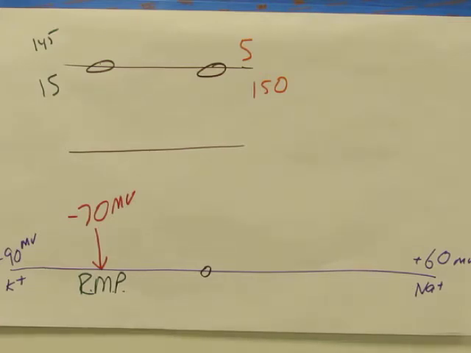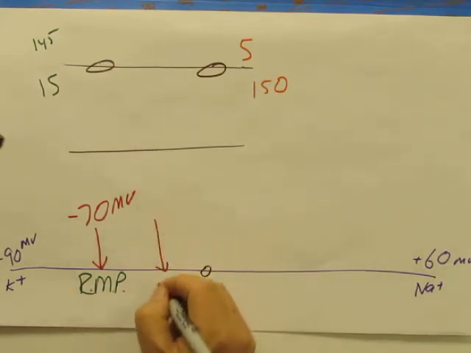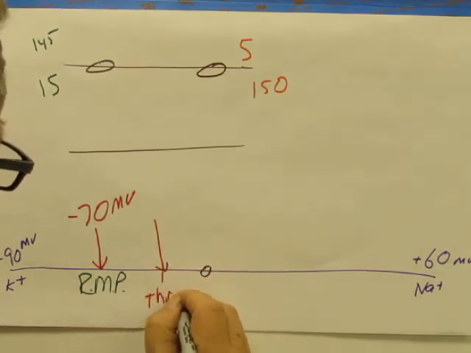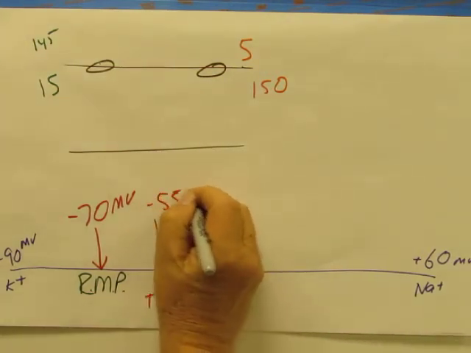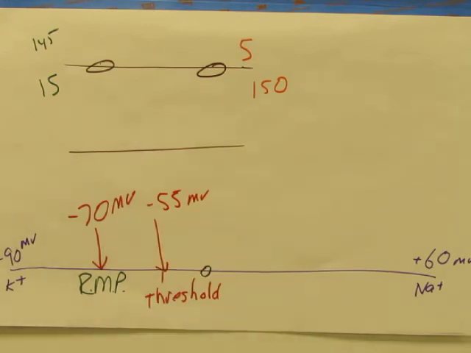Now for a nerve impulse to occur, it has to reach a very critical stage called threshold. The threshold voltage is negative 55 millivolts. So if the actual voltage of the cell gets to negative 55, then the action potential will begin.